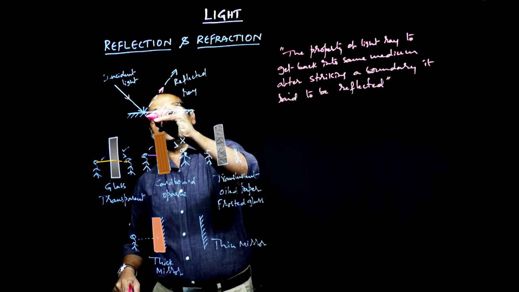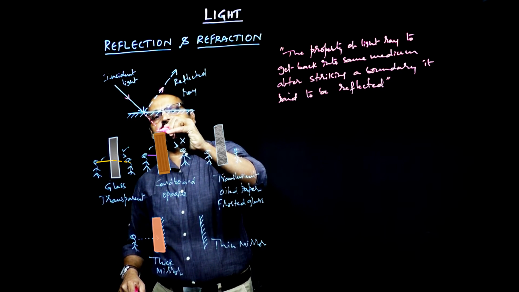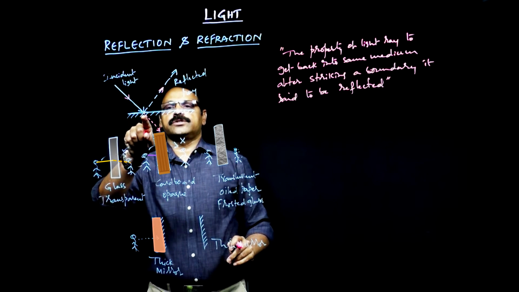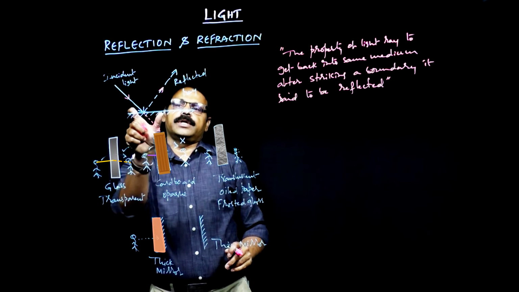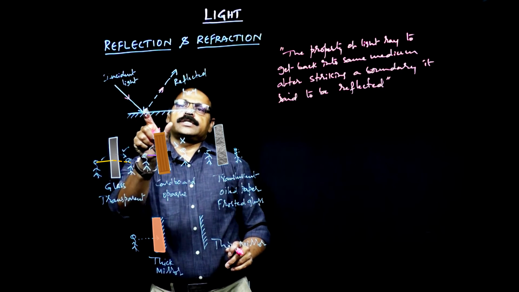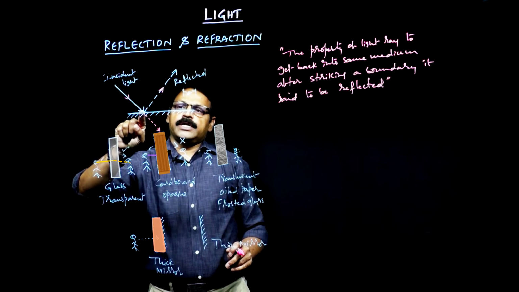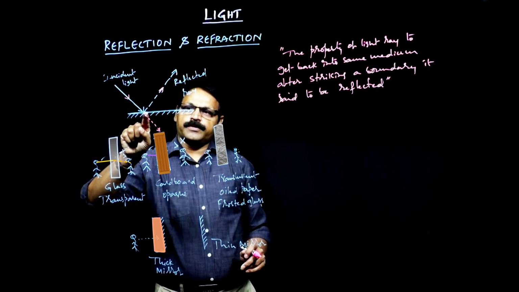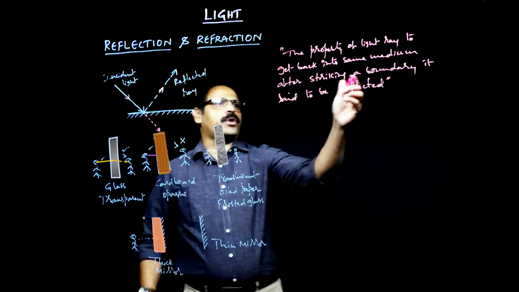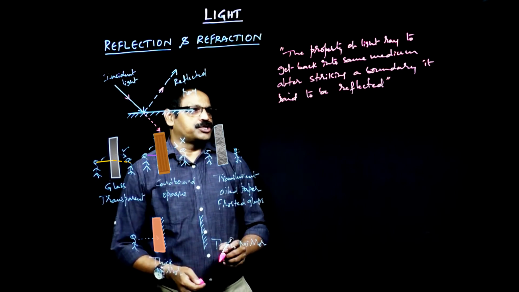Actually it would have traveled in the same direction like this, but because of the presence of another medium, that is the mirror, a glass medium, it is taking a diversion. So the light coming from one medium is getting back into the same medium after hitting a boundary over here. That property is called reflection.